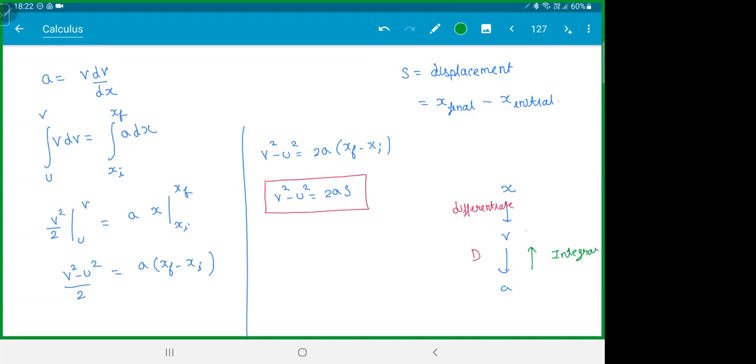So you need to understand where you are in the cycle. If someone gives you acceleration, you have to integrate to get position. If someone gives you velocity, you have to differentiate for acceleration, integrate for position. Is that making sense? All clear with this?